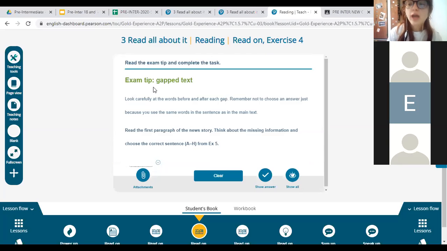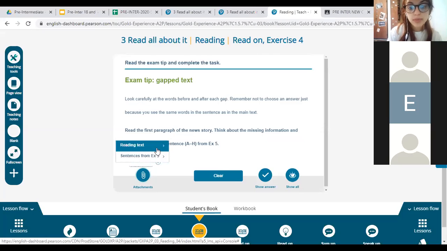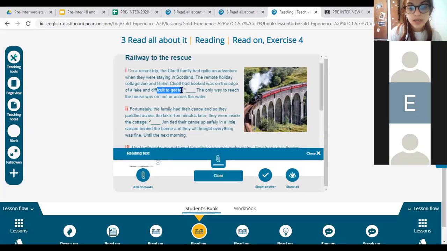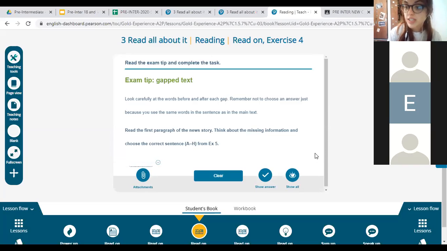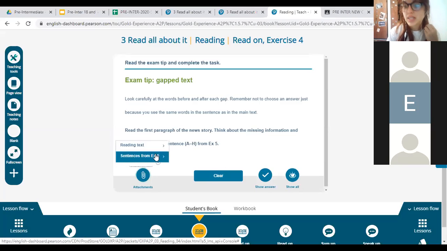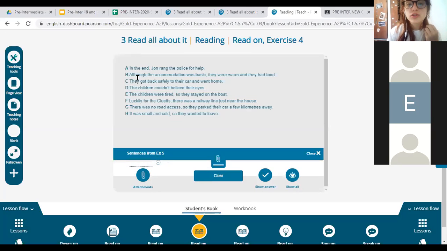So, I want you to pay attention when we read at the words before and after the gap, right? So you need to read, pay attention here and here to the context, and you need to remember not to choose an answer just because you see the same words. Yes, you need to take into account the meaning. So we're going to read the sentences first, then read the whole text, and then try to match.